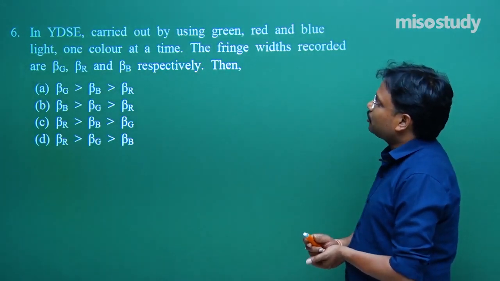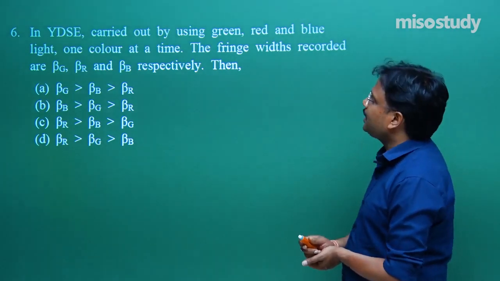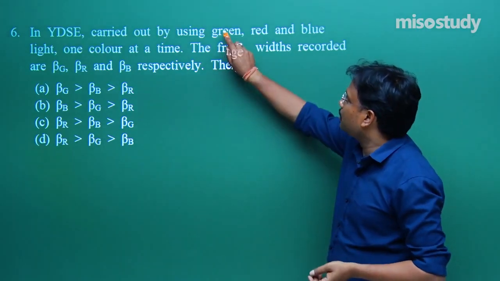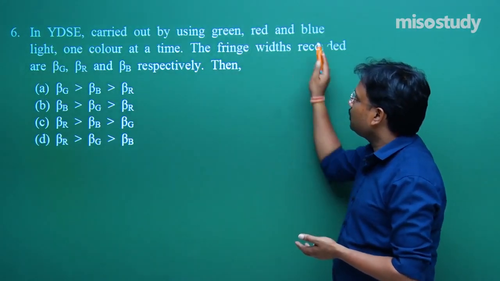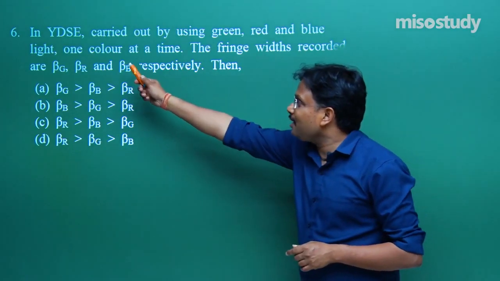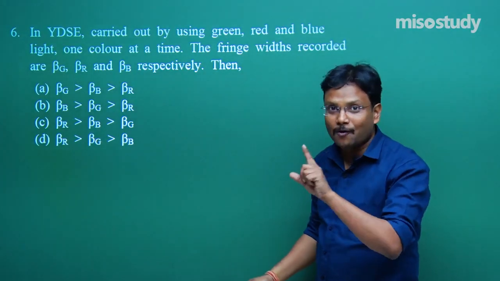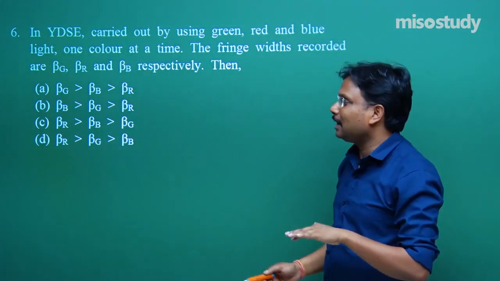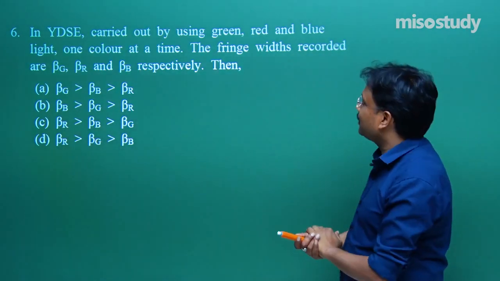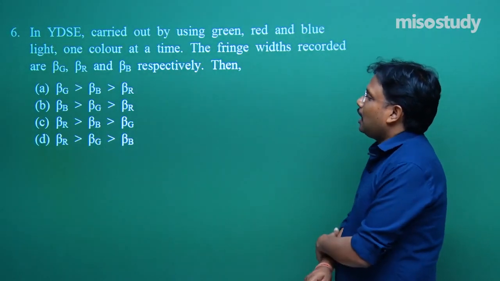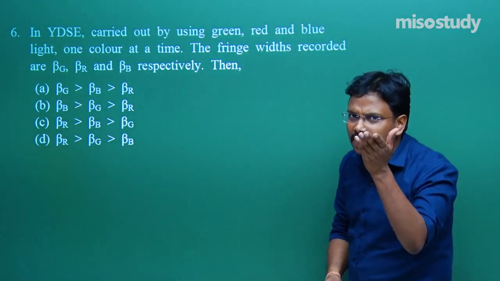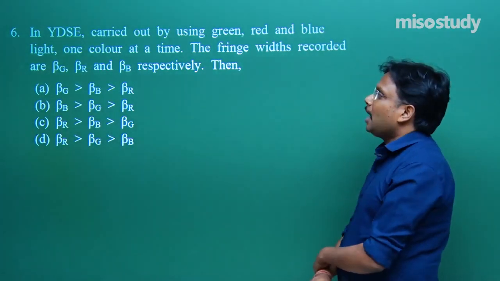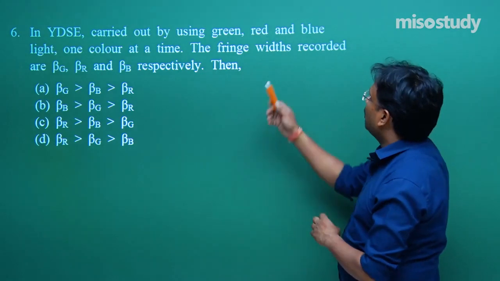Young's double slit experiment, YDSE, is carried out using 3 different colors: green, red, and blue, one color at one time, not all the colors simultaneously. The fringe widths recorded are beta G for green, beta R for red, and beta B for blue.